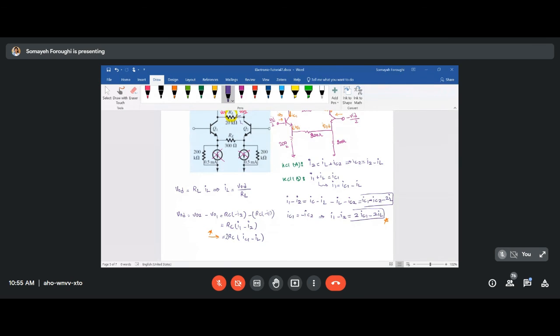And I know that IL also equals this. So if I name this equation double star and replace IL from the equation above, I will have VOD equal to 2RC (IC1 minus VOD over RL).